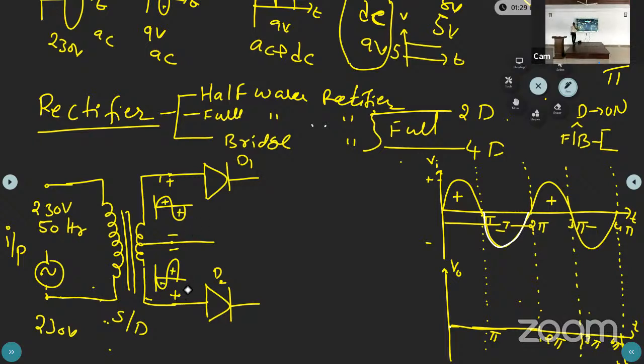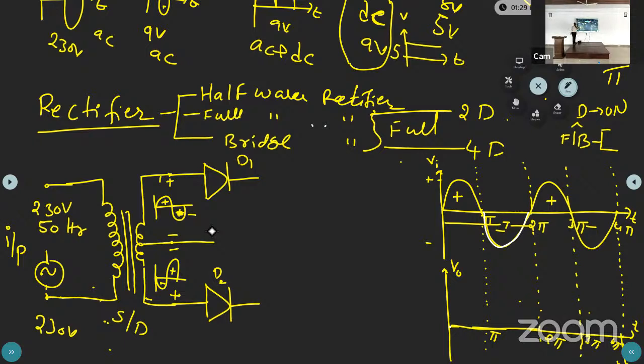The center tap transformer. This is the negative. Okay, so the center tap transformer, the output of the transformer has 3 wires, that is 1, 2, 3.